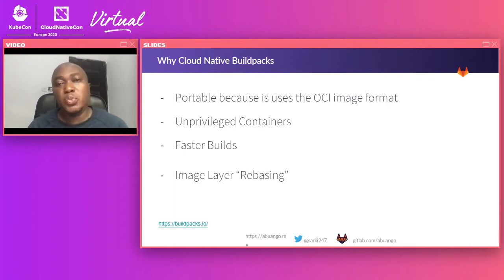What this means is, buildpacks have majorly two things that they use to build the images. First is the builder, which contains all the necessary runtimes and routines to build the application. Then we have the pack CLI, which is used to pack the applications.